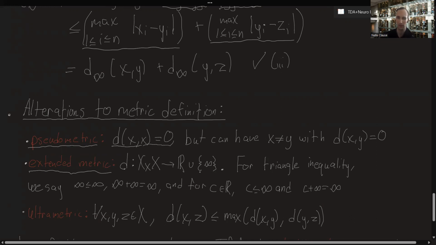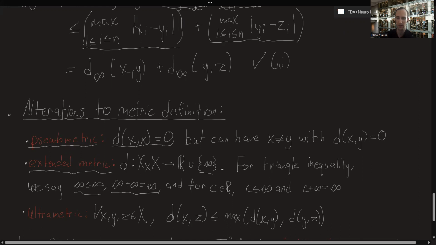But now that the distance between two distinct points can be infinity, we need to make some conventions for the triangle inequality. So the triangle inequality still holds, but we need the following pieces of logic. We say infinity is less than or equal to infinity. We say infinity plus infinity equals infinity.